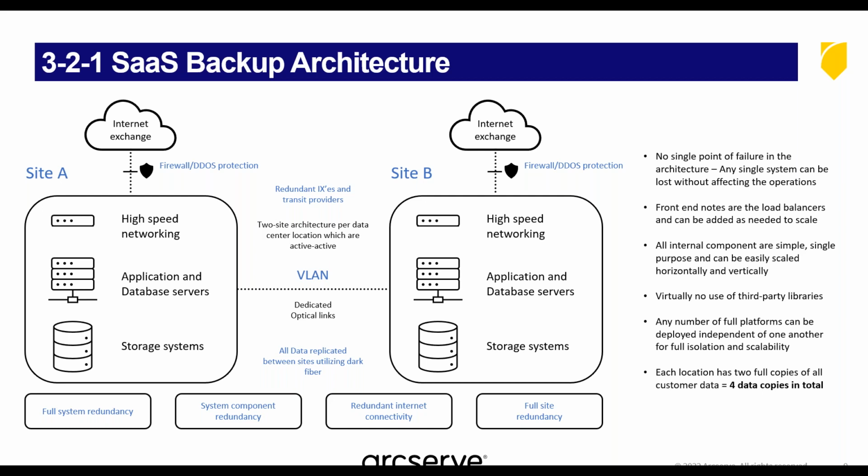In the basic foundation of the SaaS backup architecture, with the 3, 2, 1, the last one is already immutable from the tool itself. So this is the so-called strongest testimony for the Arcserve SaaS backup architecture.